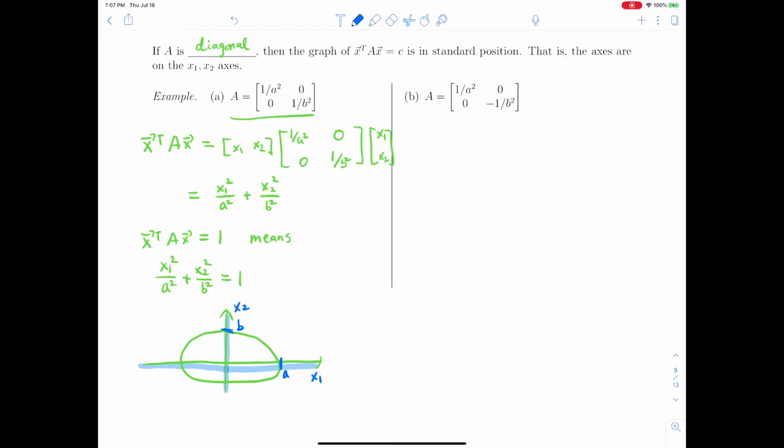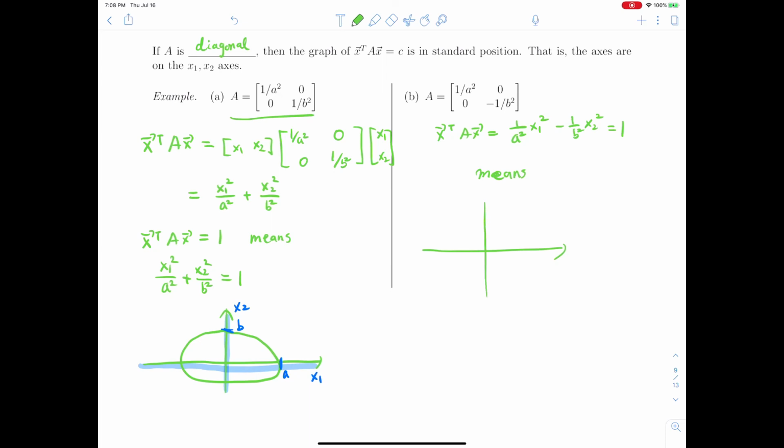On the other hand, if you calculate x transpose times A times x for this matrix, this gives 1 over a squared times x1 squared minus 1 over b squared times x2 squared. And this equal to 1 gives a graph of a hyperbola.